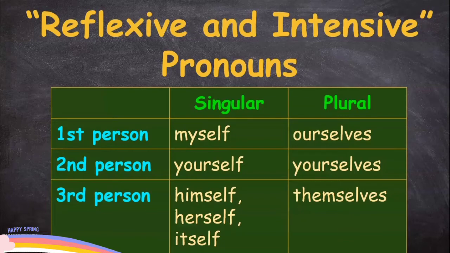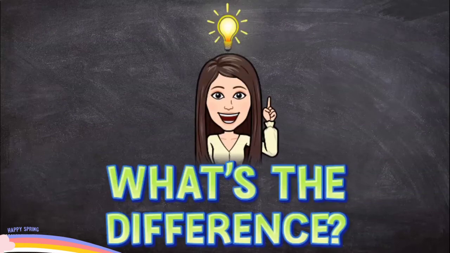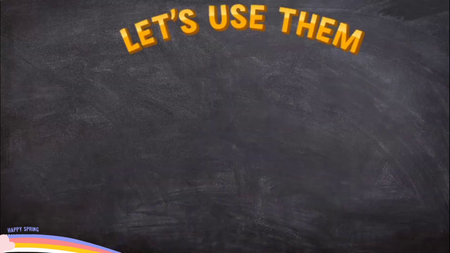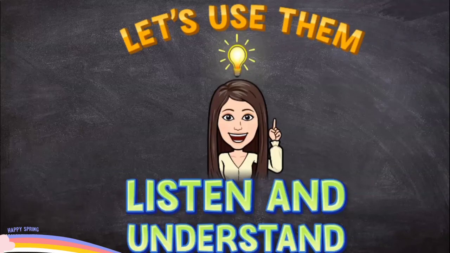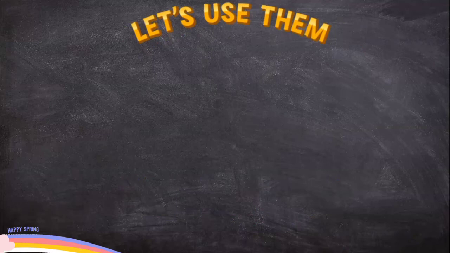But the problem is, if they appear the same, how can we tell which one is reflexive, which one is intensive? Well, their difference will be seen once we use them in sentences. That's why you have to listen closely so you will understand how these two pronouns differ from one another. Are you ready? Let's start with a reflexive pronoun.